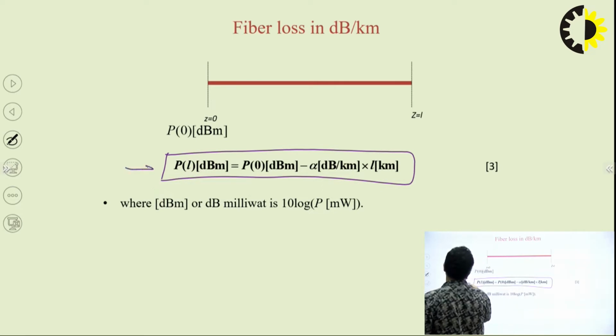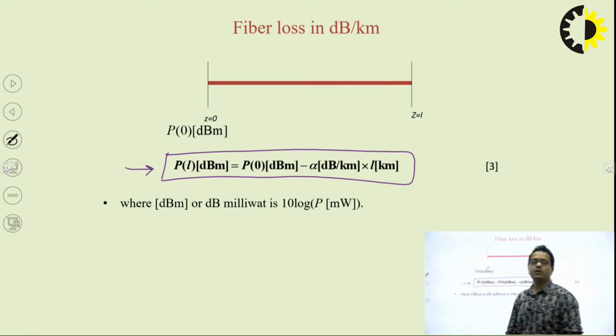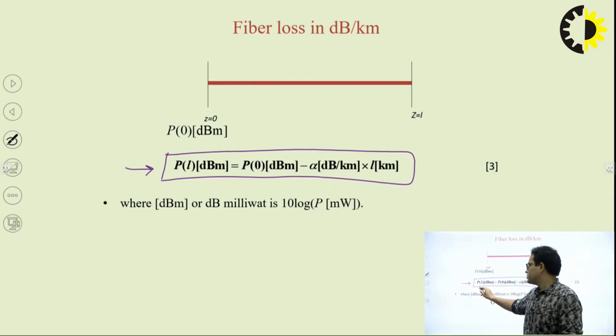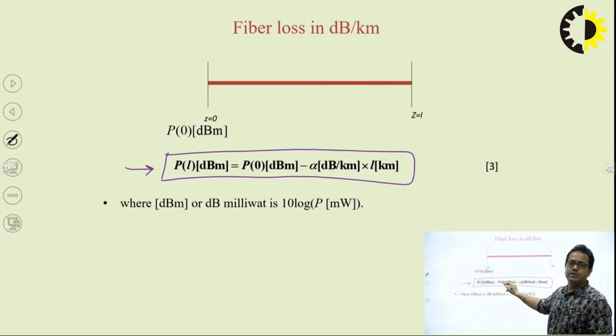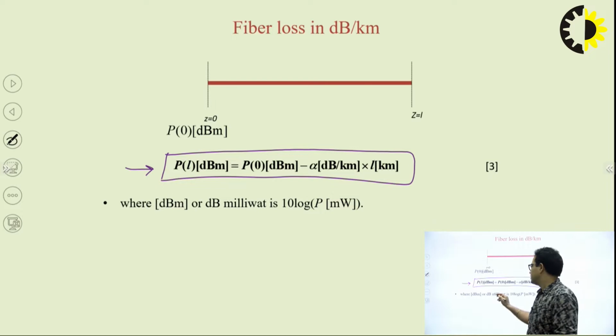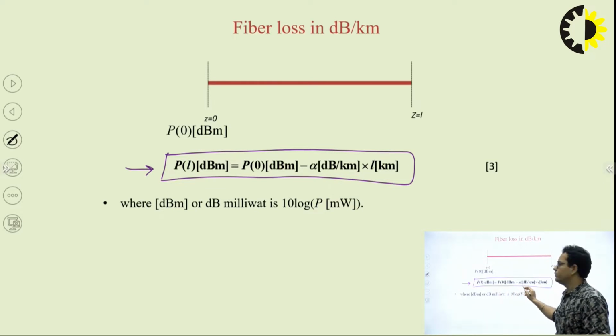So this is the expression of power in terms of dBm. The power at some distance Z equal to L can be expressed as P0, that means the power launched at the transmitter side, that is the maximum power of the signal, minus the attenuation factor, that is alpha into L, so that it becomes dBm, right?